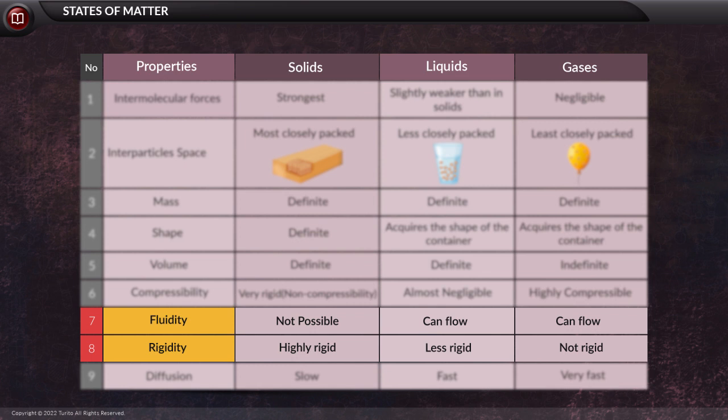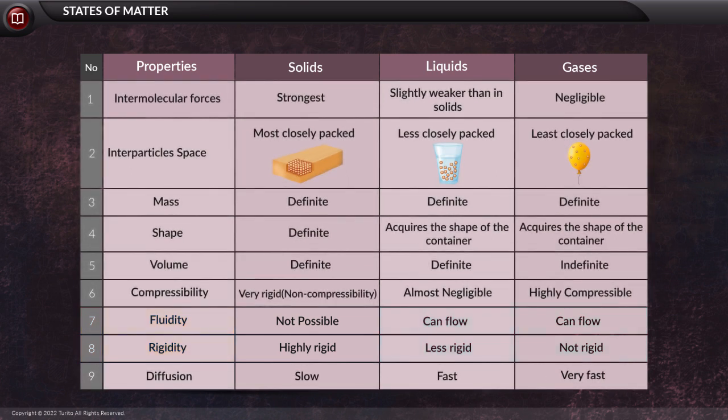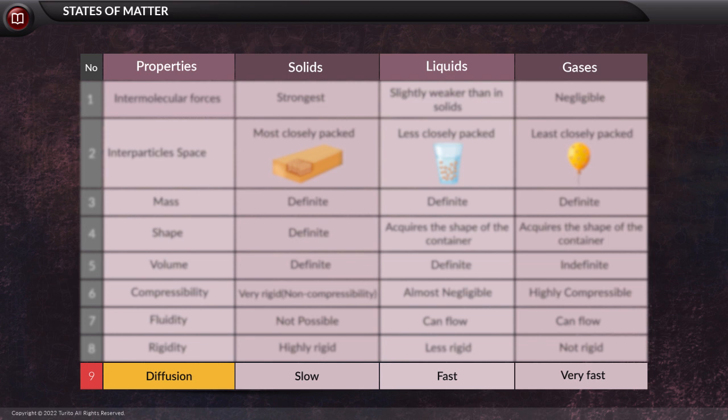Fluidity means the ability to flow, and opposite to that is rigidity. Solid, being very rigid, cannot flow. In contrast, liquid and gas can flow. The last one is diffusion. What is diffusion? Diffusion is the ability to spread. The ability to spread is very low in solids. It is better in liquids and is maximum in gases.